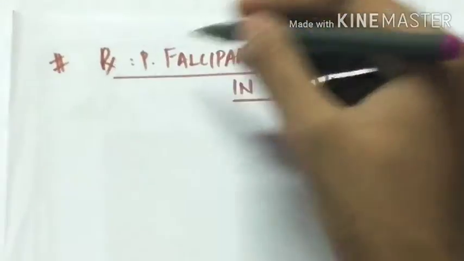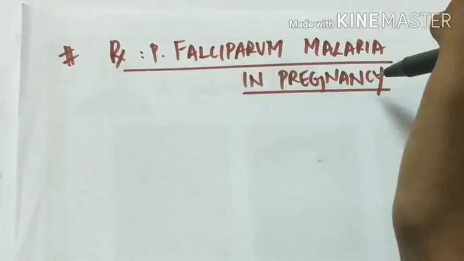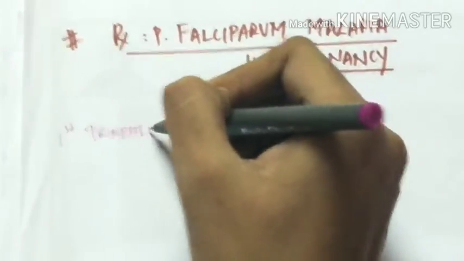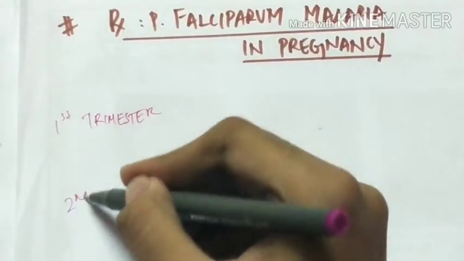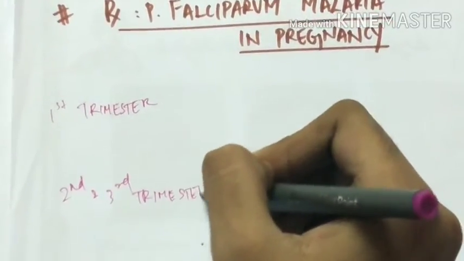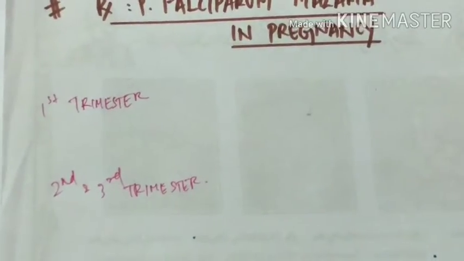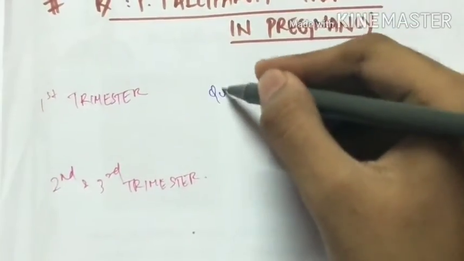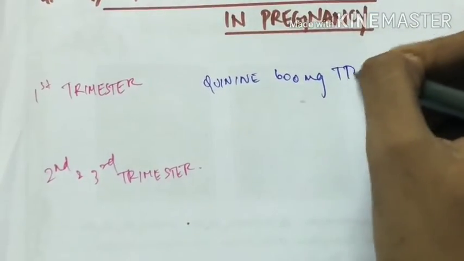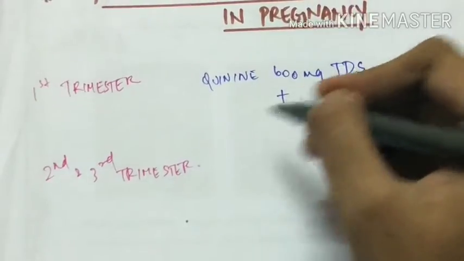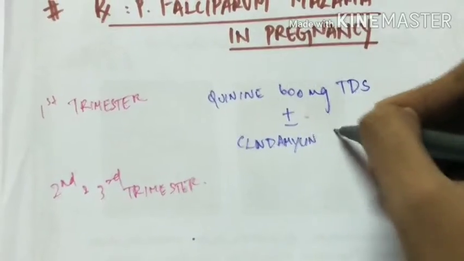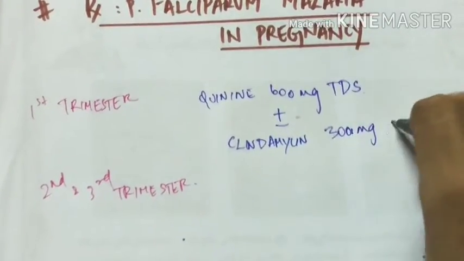The treatment of Plasmodium falciparum malaria in pregnancy. It is different in the first trimester and the second and third trimester. So in the first trimester, the treatment is quinine 600 milligrams thrice a day with or without clindamycin 300 milligrams thrice a day.